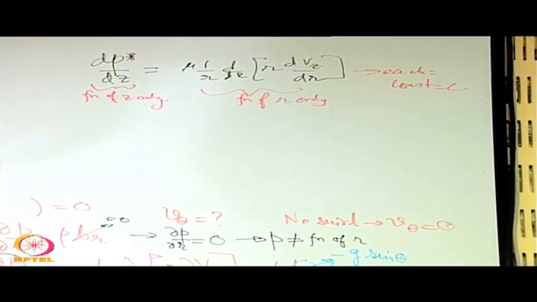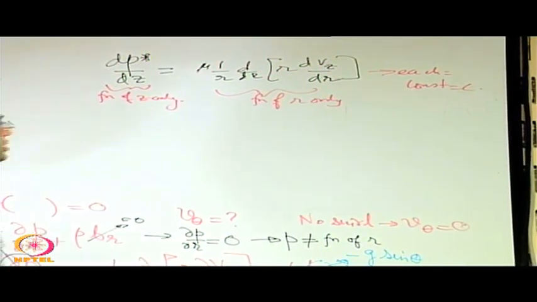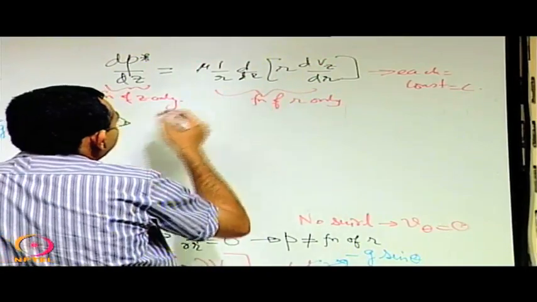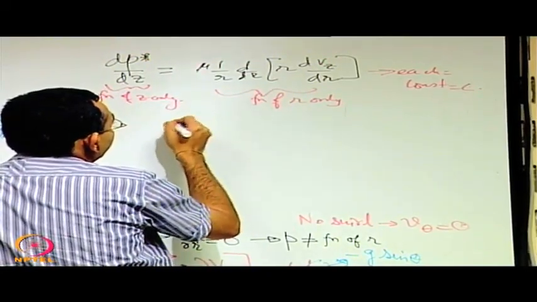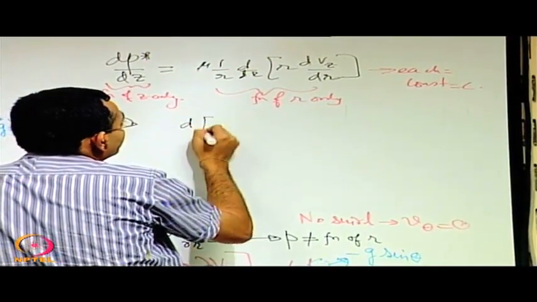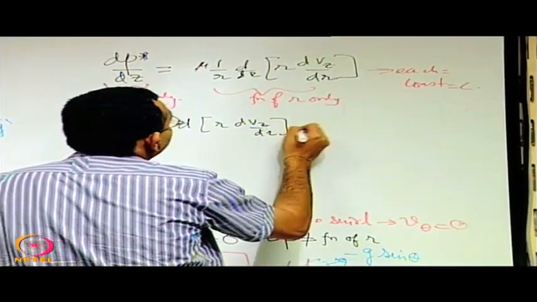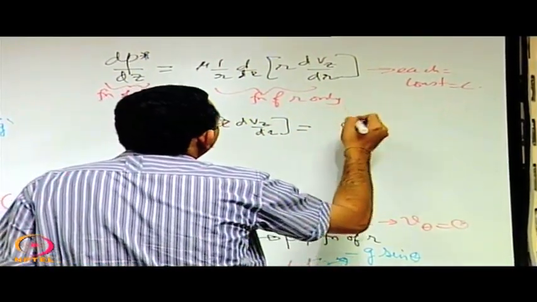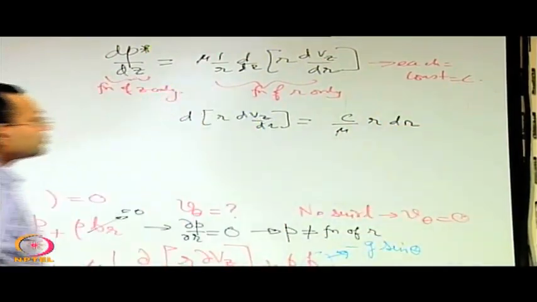So the first thing that we may do is to find out the velocity profile from this. So we consider the right hand side and integrate it. So you have d of R dvz dr is equal to C by mu R dr, right.